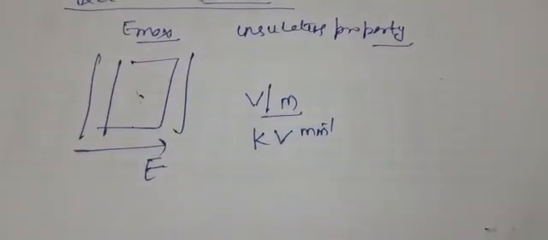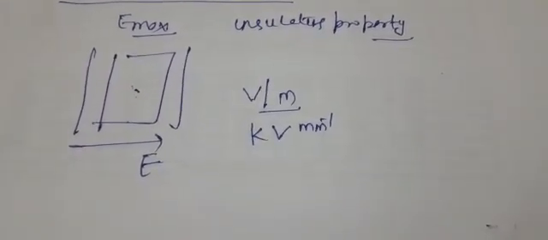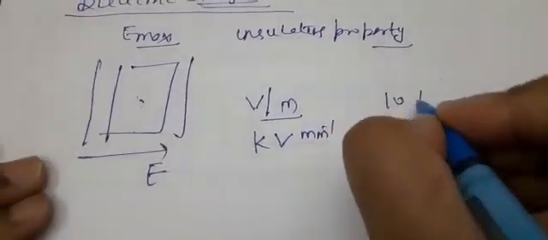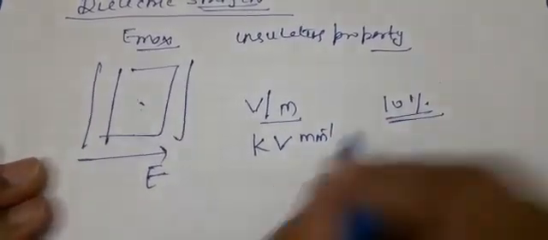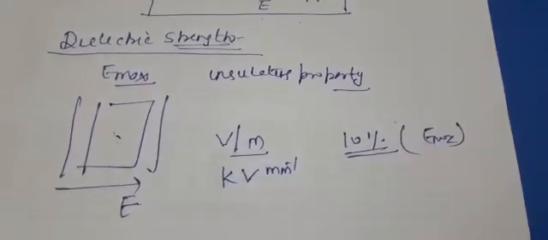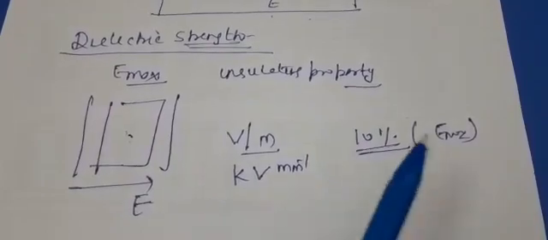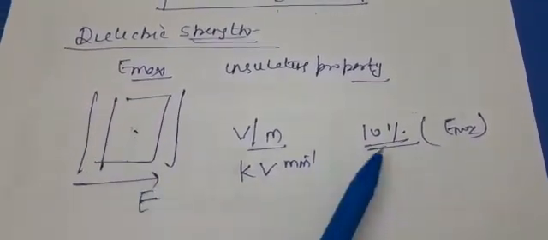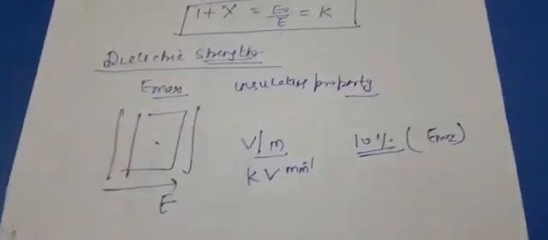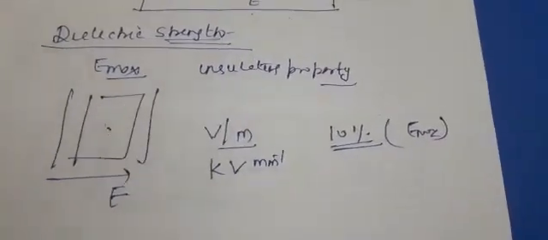Now, when we use this dielectric strength concept for safety purposes, the maximum electric field applied is only 10% of the dielectric strength. Meaning whatever be the maximum value that can be borne by a dielectric, the maximum electric field that can be applied to that dielectric is only 10% of that maximum strength, because the theoretical value and experimental value may vary.